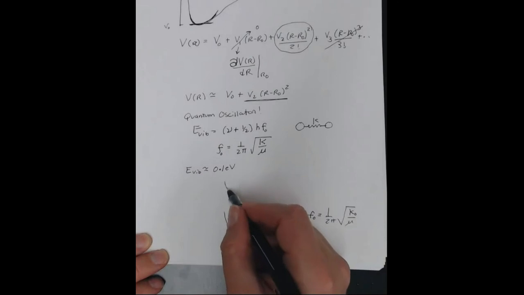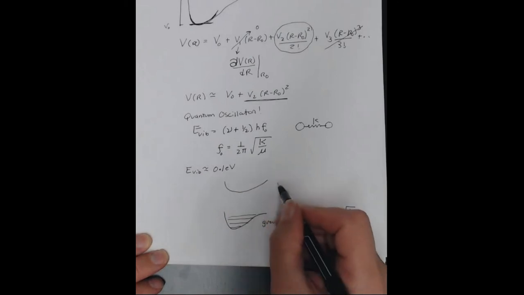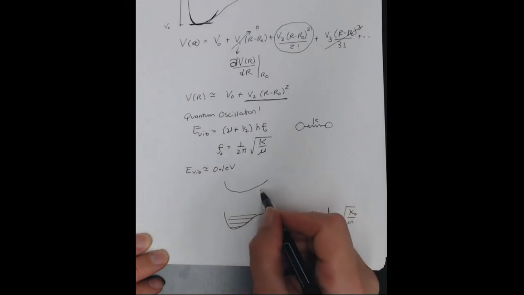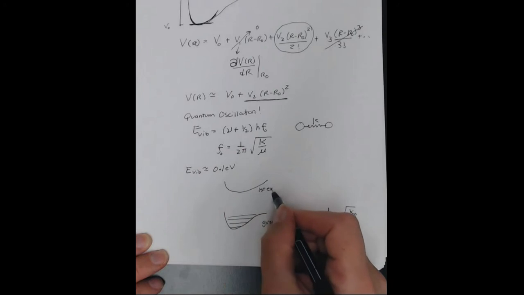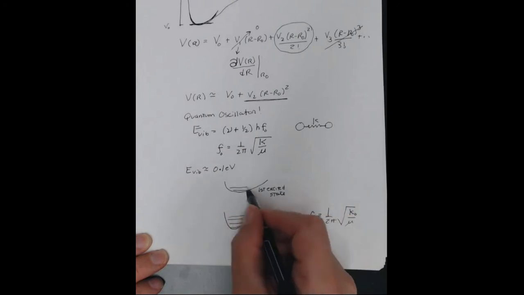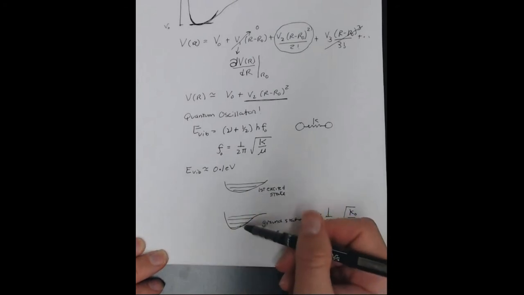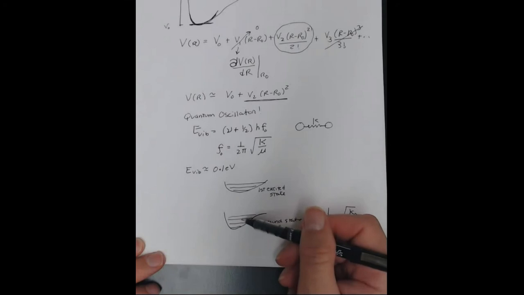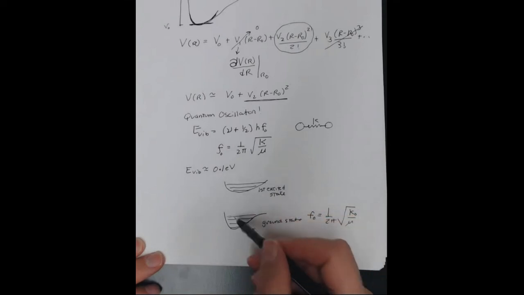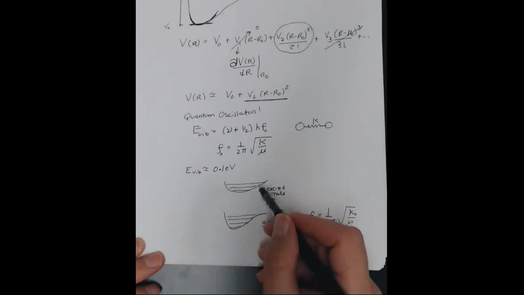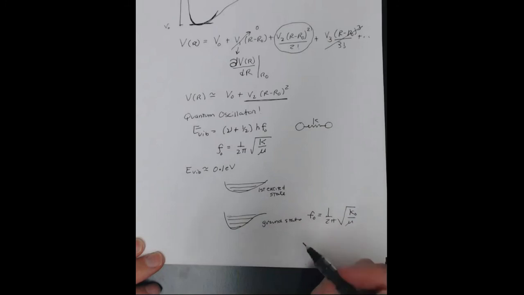And then there might be a different electronic state up here. This is a first excited state, and it will have its own. Now, these energy levels don't necessarily obey the quantum oscillator as you get farther from the equilibrium point.